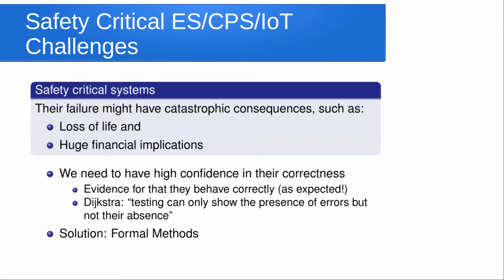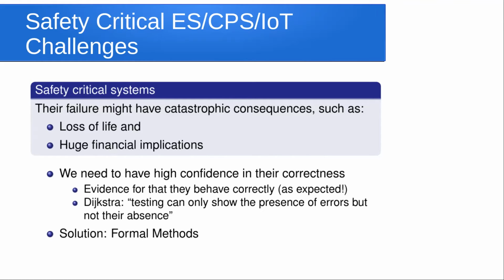So basically, whenever we have such safety critical IoT systems, there are certain challenges because of the expected guaranteed behavior from such systems. What are safety critical systems in the first place? Safety critical systems are systems which, when they fail, might have catastrophic consequences, right? For instance, let's take the example of the Bhopal gas tragedy in India. Had an alarm rung within a minute of the gas leaking, people would have evacuated.